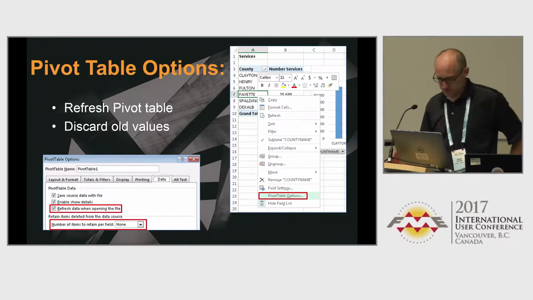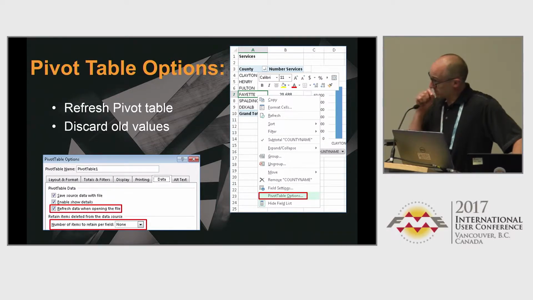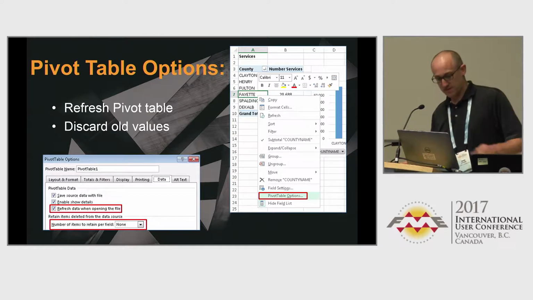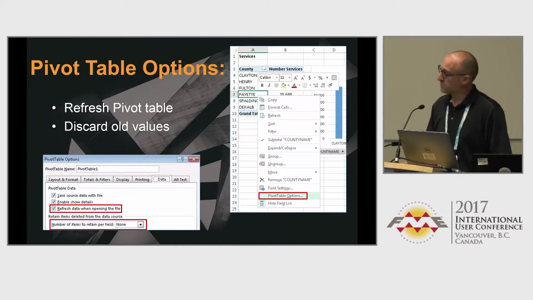Okay, so some settings in the pivot table options. Again, you point your pivot table to the data sheets that you're producing, and one of the things I've found that's not turned on by default is refresh data when opening the file. If you open a worksheet that you've saved with a pivot table in it, it caches that data.